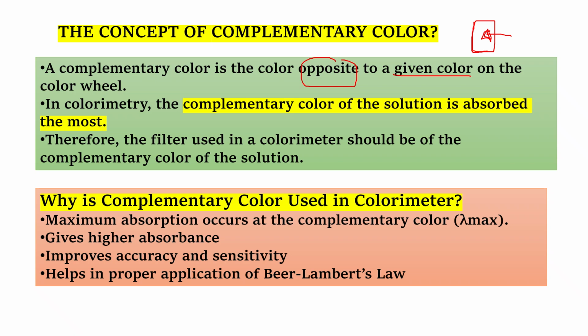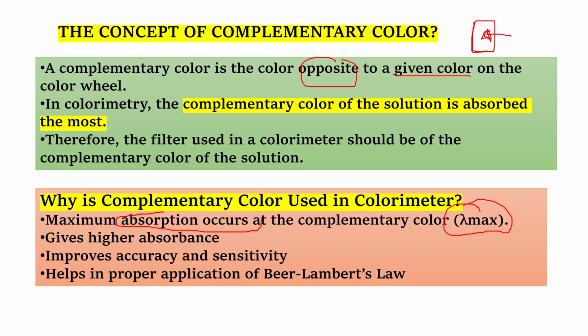Now, why is the complementary color used in colorimeter? Because the solution absorbs light maximally at that particular wavelength, that is its maximum wavelength. At the complementary color, the light will be absorbed in maximum proportion by that colored substance.